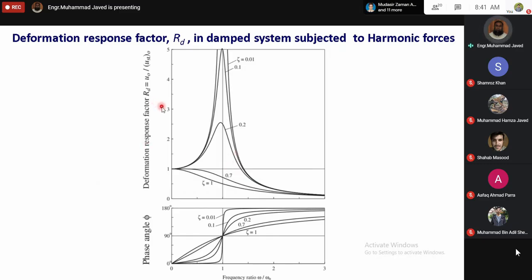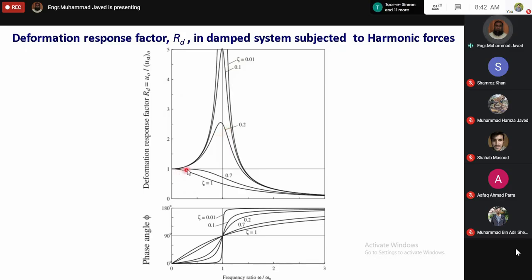Here graphs between frequency ratio and deformation response factor are plotted, and since now damping ratio is also a variable, so graphs are plotted for various values of damping ratios. This one is for 0.01 damping ratio, this is for 0.1 or 10%, this is for 0.2 or 20%.